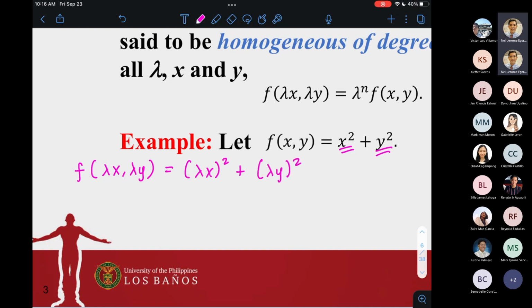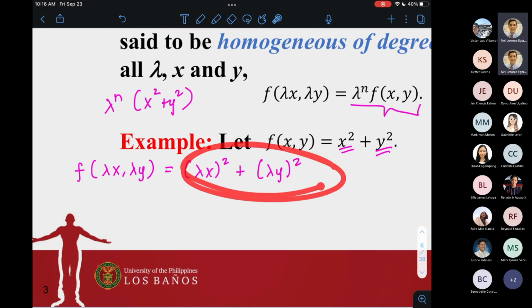Pinalitan ko lang si y ng lambda y. And then I'll try to manipulate this and see if I can write it of this form. Dapat masulat ko siya na lambda to the n times the original f, which is x squared plus y squared. We should be able to find a small n, a little n, such that this expression here is of this form. Right? So kailangan kong i-simplify muna itong ito.